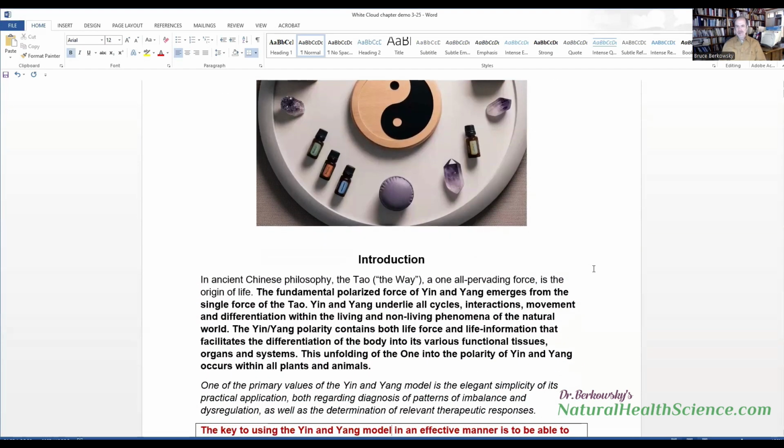So, of course, everyone has heard of yin and yang, but they're not really quite clear exactly why it's important to even know it. It just seems like something philosophical that you learn and then you let go of.